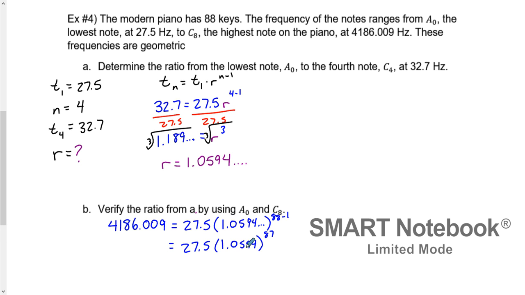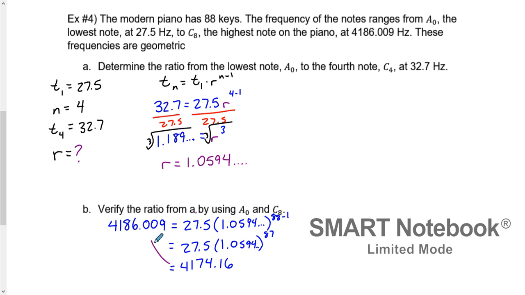So I have that 1.0594, so on and so forth in my calculator, to the power 87, multiplied by the 27.5. I get 4174.16. Well, that's not exactly right because it's not 4186.009. That is simply because this is a rounded value.